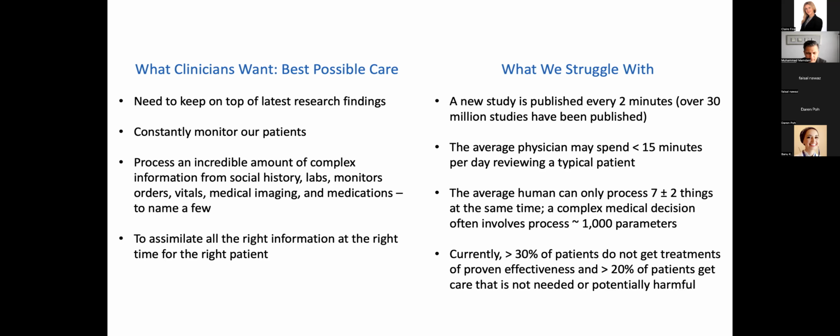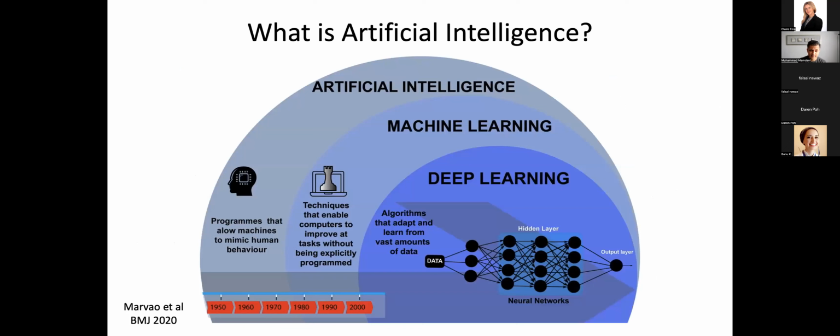We have to assimilate all the right information at the right time for the right patient. Currently, and this is how well we're doing, over 30% of patients do not get treatments of proven effectiveness. And more than 20% of patients, that's more than 1 in 5, get care that is not needed or potentially harmful. So you can imagine there's a lot of room to improve, but we're bound by human limitations.